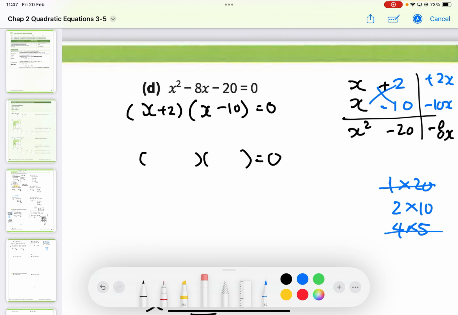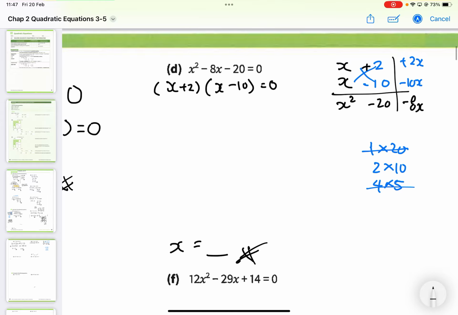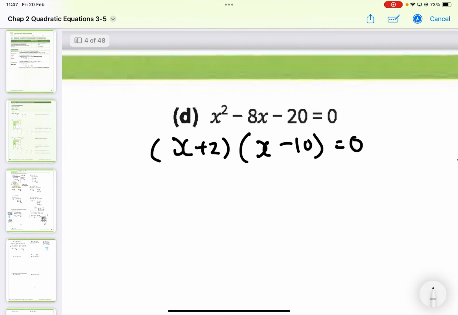See, I wanted to get to this one, bracket times bracket. So after I do my factorization, I get to my midpoint. Then to get to my endpoint is x by itself. This is my endpoint. Okay? So bracket times bracket equals to 0.